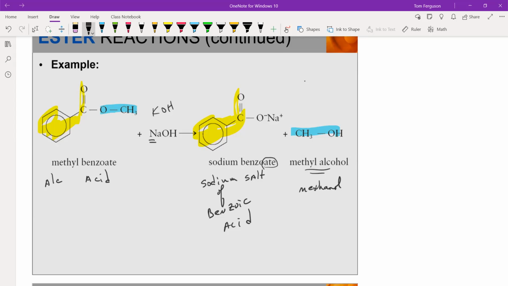Okay, so right here we have a saponification. One, ester. Two, pH greater than 7, because lye is a strong base.